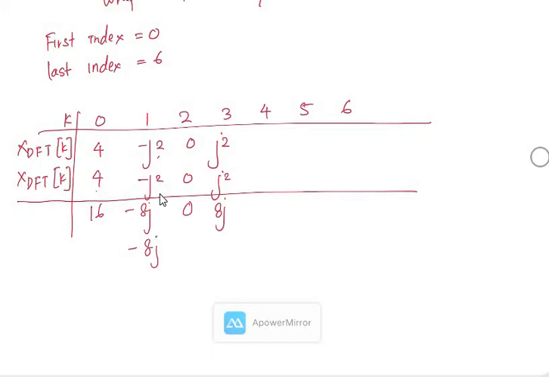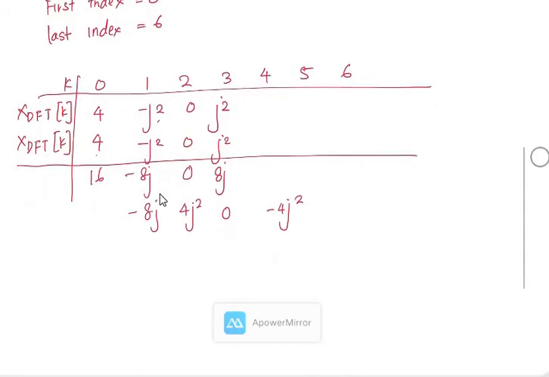Negative 2j times negative 2j you get 4j squared. Then this one is 0, and then you get negative 4j squared. Next one starts with 0, so everything is 0.